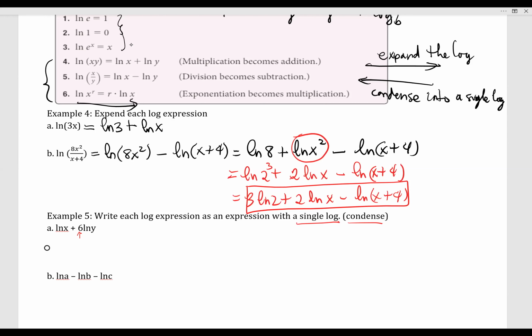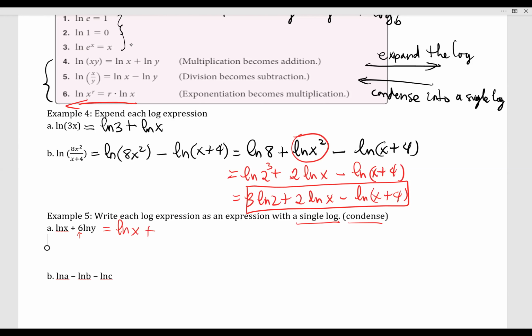Remember that in this case, because it's condensing, you use it from the right hand side to the left hand side. Now let me do it. The first term we keep the same, as ln x.